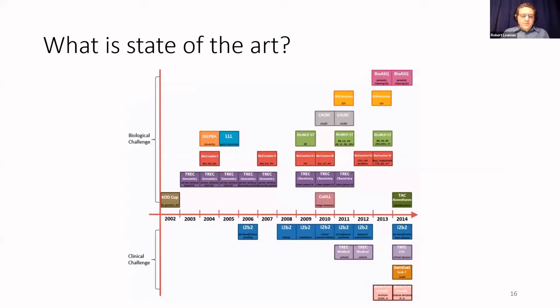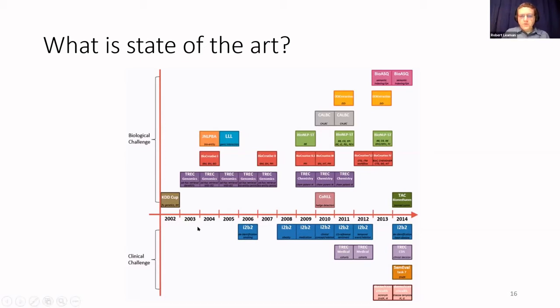So since there are considerable issues here with variation and ambiguity, progress has been pushed quite a bit by the community by introducing challenges.